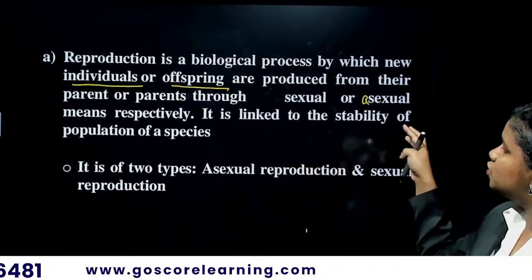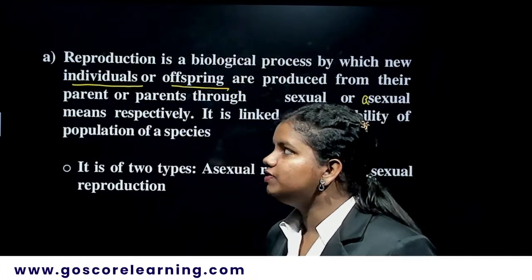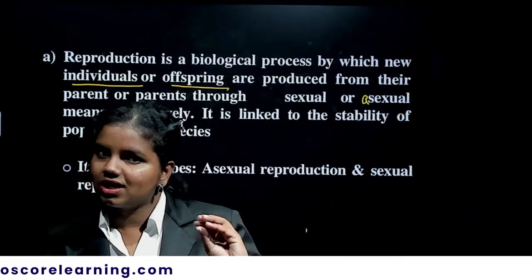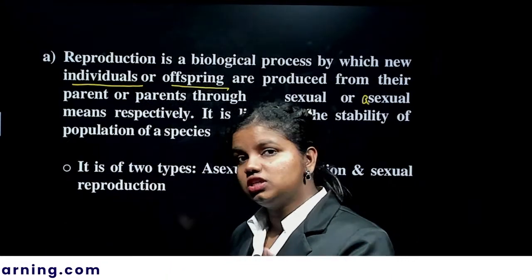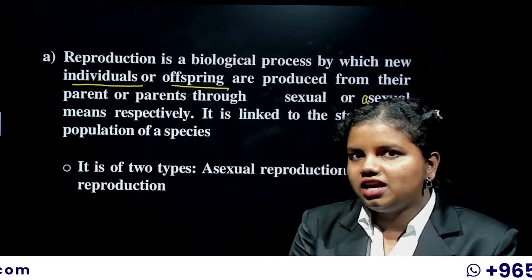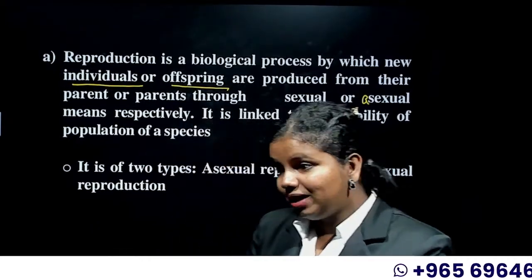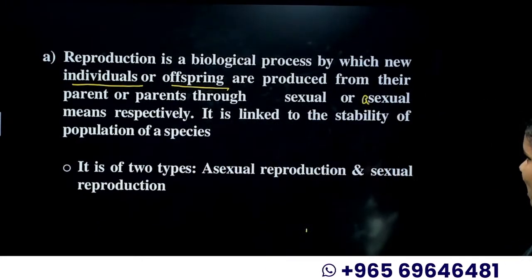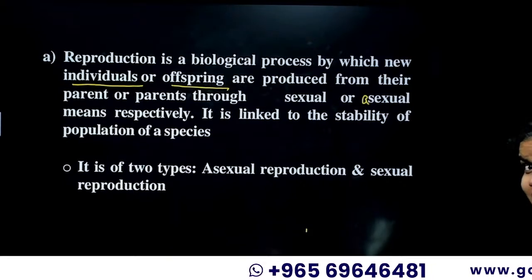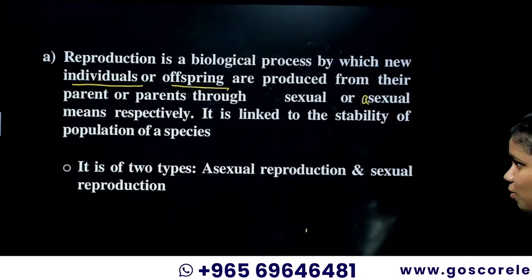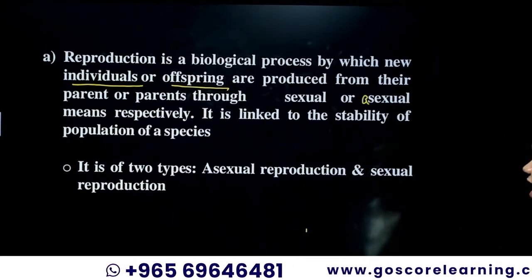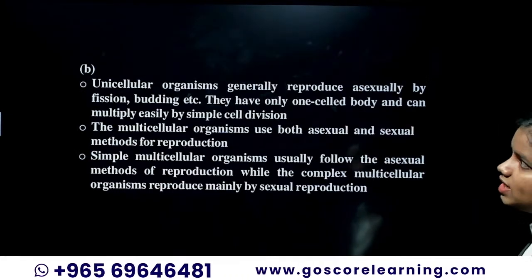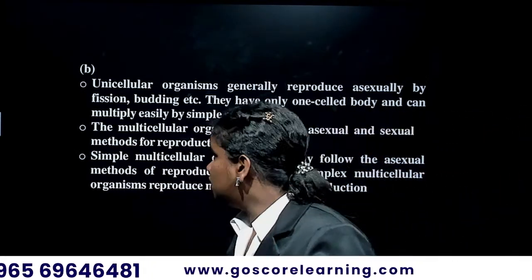It is linked to the stability of the population of a species. So reproduction is a kind of biological process by which a parent or parents make the next generation, and there are definitely gametes, genes and chromosomes involved in it, and it can be sexual or asexual. Those are the two modes of reproduction.